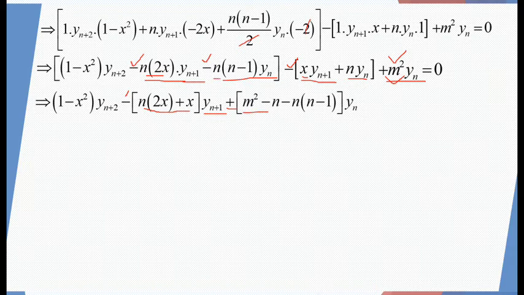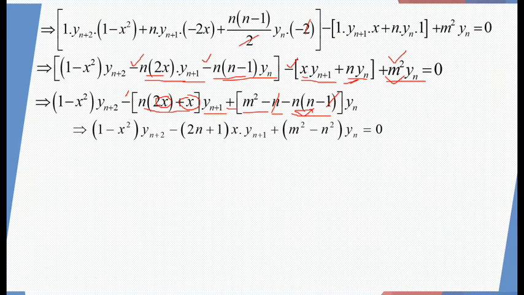Now this minus n into n minus 1 is written here, and this minus plus minus n is written here. Now we can take this x and this x as common, and from here when we multiply this minus n inside, it will be minus n square and plus n. So this function will be cancelled out.